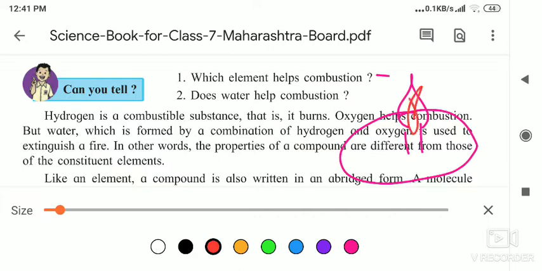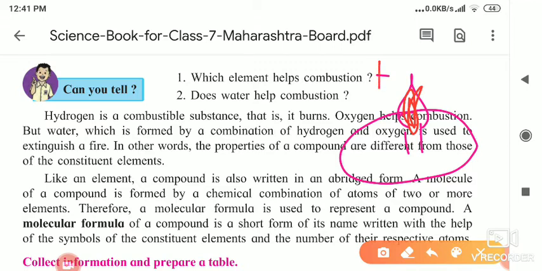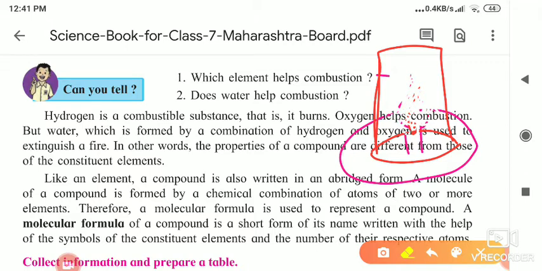Then when we put an inverted glass on this candle, after some time the candle goes off, its burning stops. Why did this happen? The reason behind it, you also know, is that the oxygen present in the glass was finished, and that's why the candle went off.